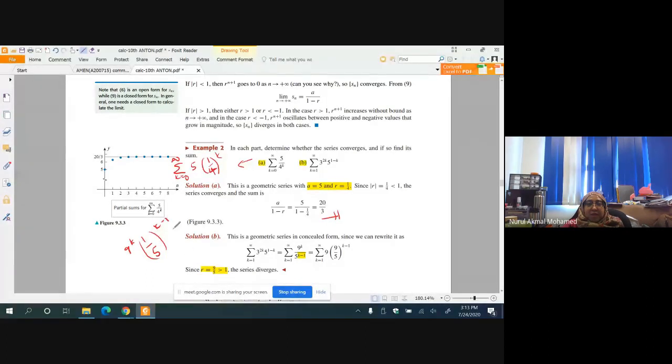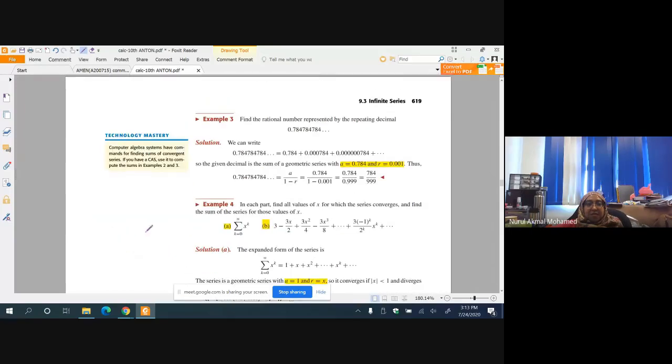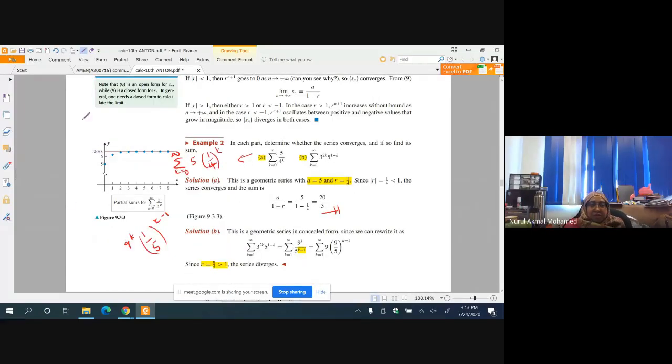Then you have to combine this. How are you going to combine? For 9 to the power of k, you can split it off as 9 to the power of k minus 1, and then you multiply by 9. So this one will be 9 multiplied by 9 to the power of k minus 1, divided by 5 to the power of k minus 1.